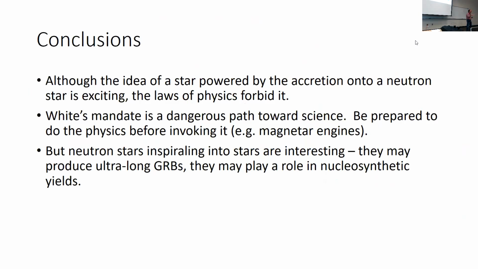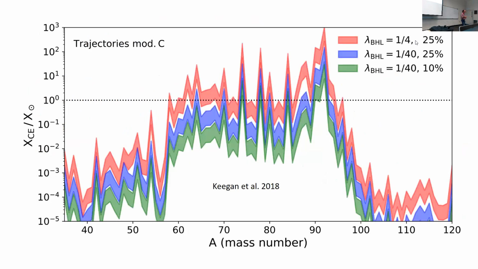We did study a few different models from Chris Belczynski's suite of models to try to get an error on there. Those are also big like these. So unfortunately, the error is about an order of magnitude from the population synthesis, and then another error, at least an order of magnitude, from not understanding the accretion process. So you're looking at least a couple orders of magnitude error in what the rate is.